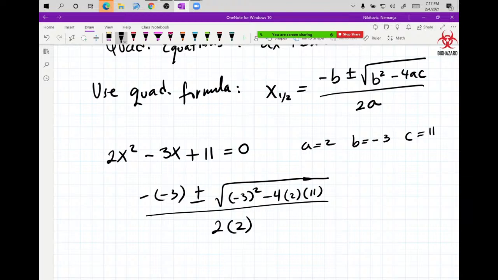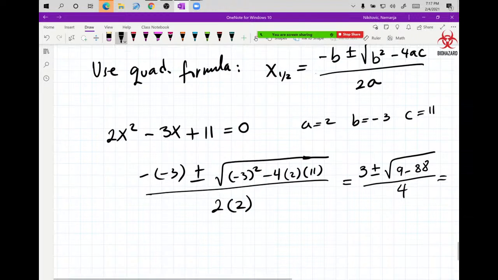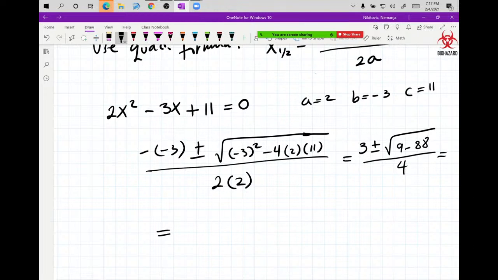And I just need to grind through PEMDAS, right, to get this. So that's 3 plus minus square root of 9 minus 88. Ooh, spooky. That's 3 plus minus square root of negative 79 over 4.